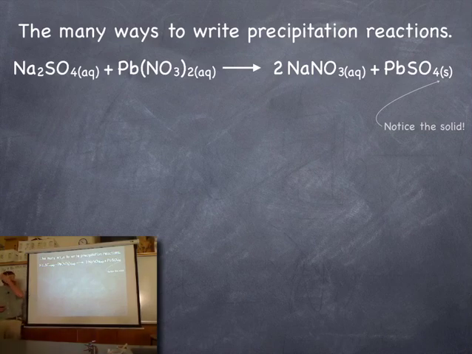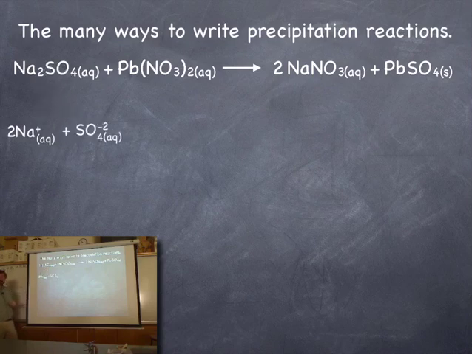Now, what we want to do is write what we call the complete ionic equation, which gives us more details about what's happening. The complete ionic equation shows us that if it's aqueous, if it's actually split apart into separate ions, we're going to write it split apart as separate ions. So something like sodium sulfate is actually in the water as 2 sodium ions and a sulfate ion, separate ions floating around independently.